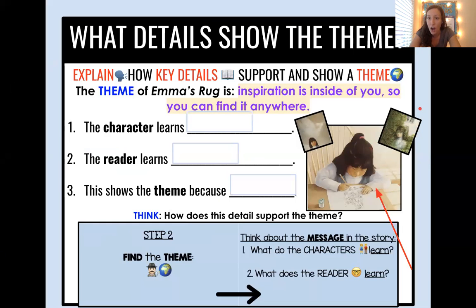But if her rug is gone, is she still using her rug for inspiration? No, what is she using for inspiration? What does Emma learn about her inspiration? Does it come from her rug? No, it comes from inside of her. And that's what we see on this last page, or last illustration, when she starts to draw again without her rug.